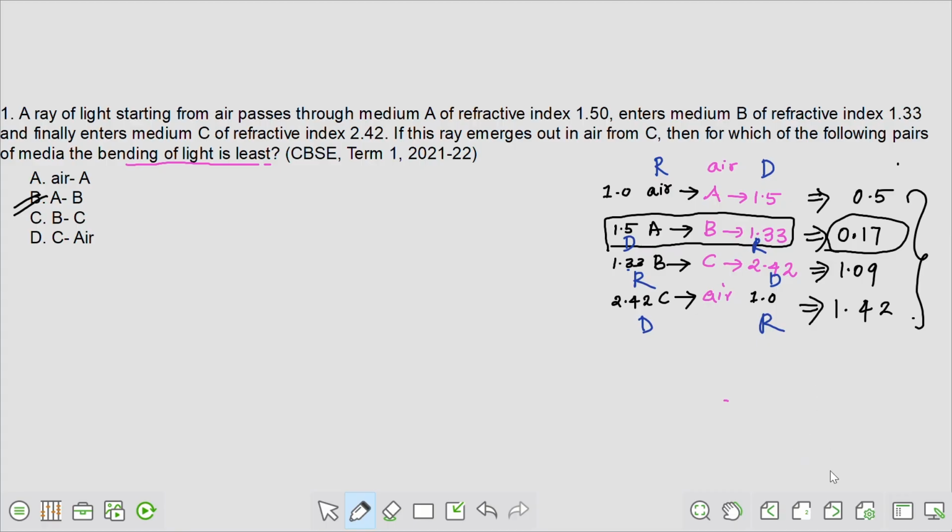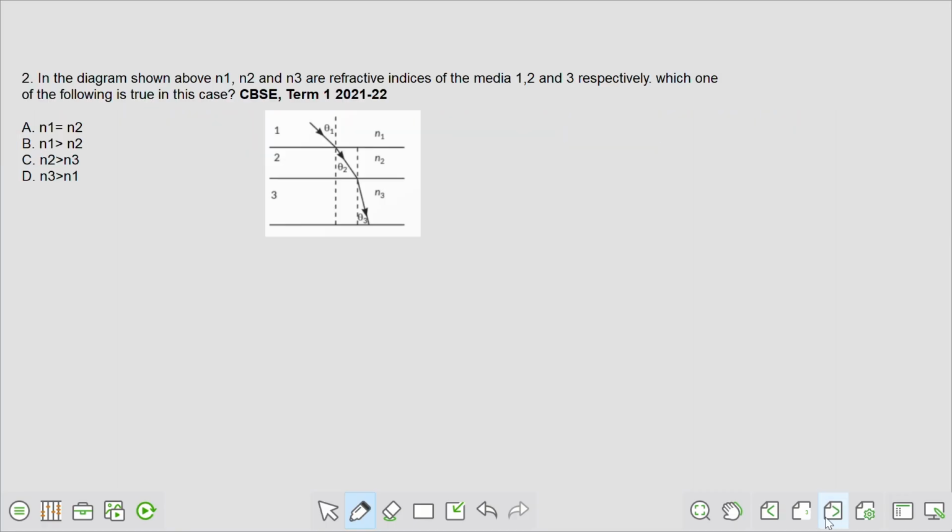Now let's move to the second question. In the diagram shown above, you can see different refractive indices of media given. There are 3 media, 1, 2, 3 with refractive indices N1, N2, N3. Now which one of the following is true? Options are given.